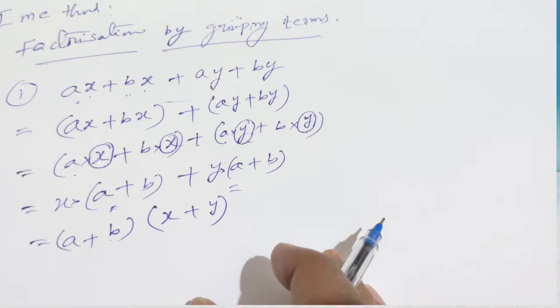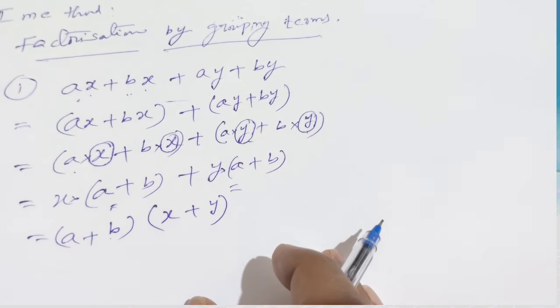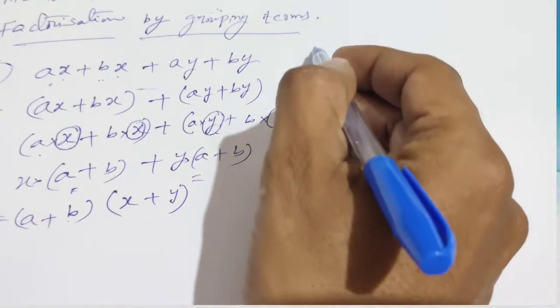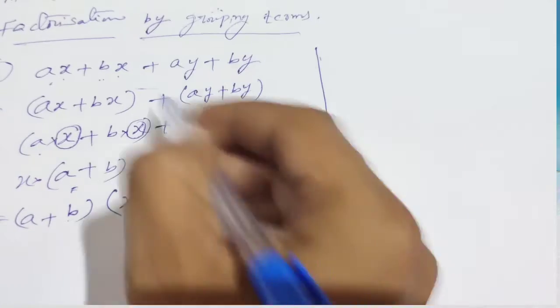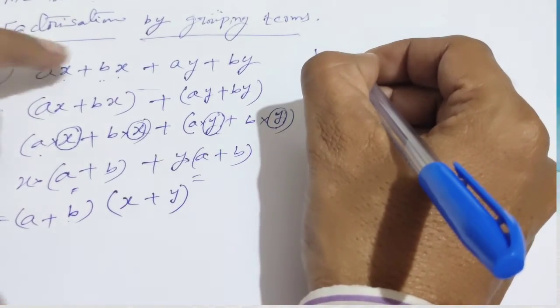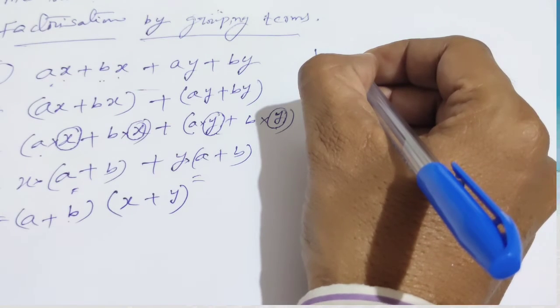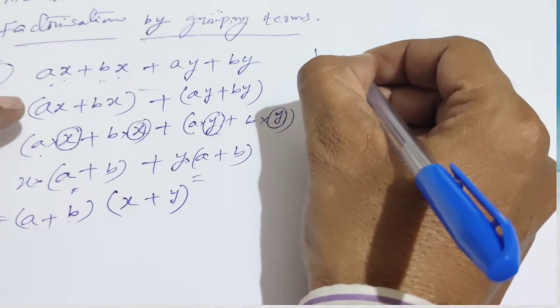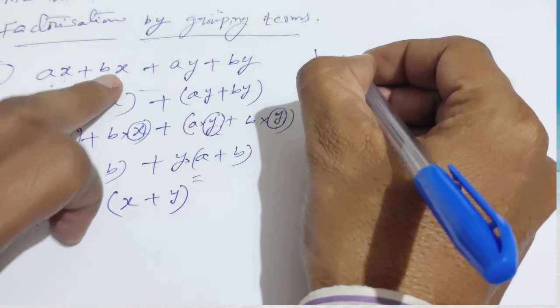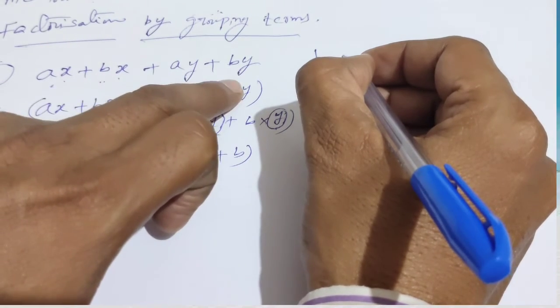Okay, next, in another way also we can factorize this expression in this method, that is by grouping the terms. So here in the first method, we are observing x terms in the first two and y terms in the next two, that is last two.